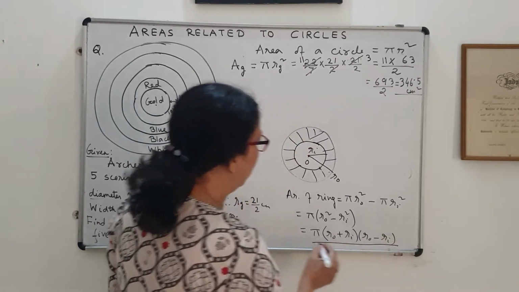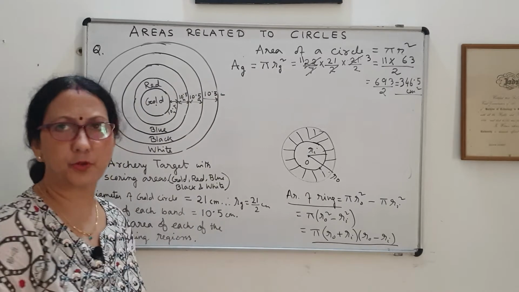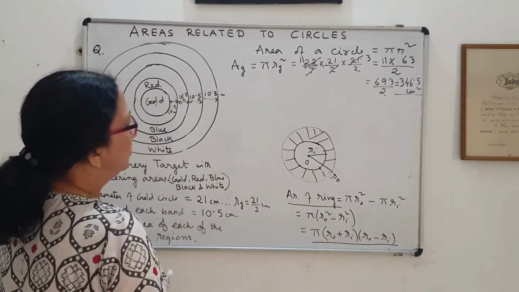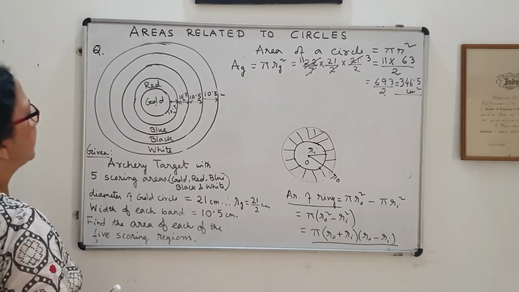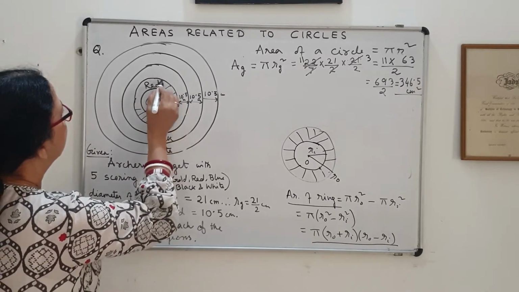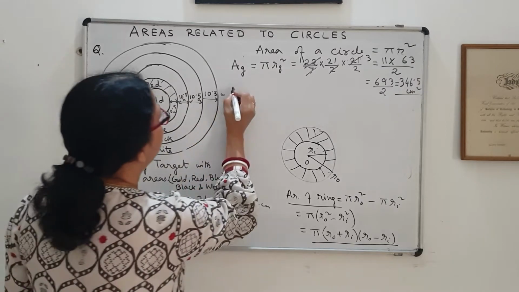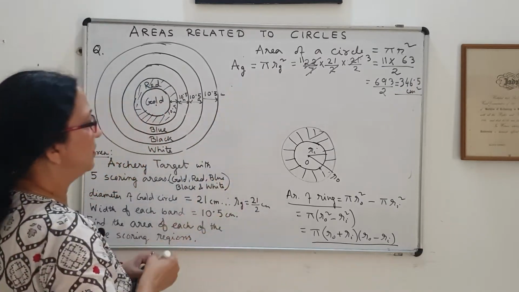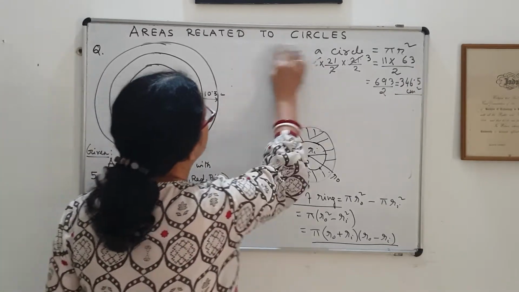So this formula we will be using for the area of a ring. I have shown you how to do it. So now let us come to this ring, that is the red ring. So area of, now let me erase this one because I will need space.